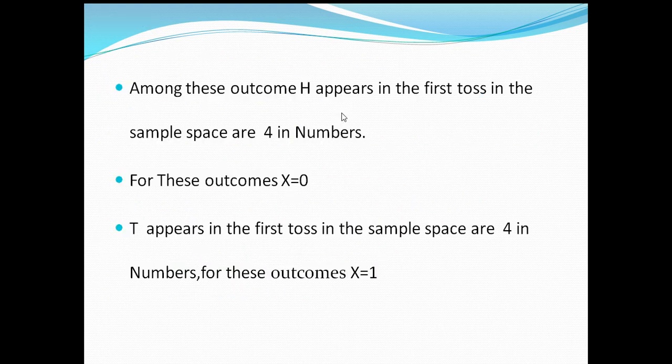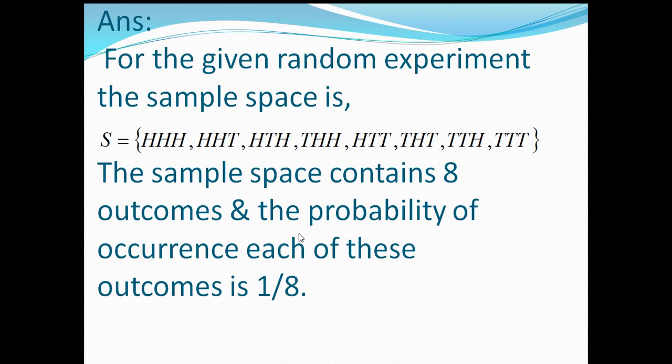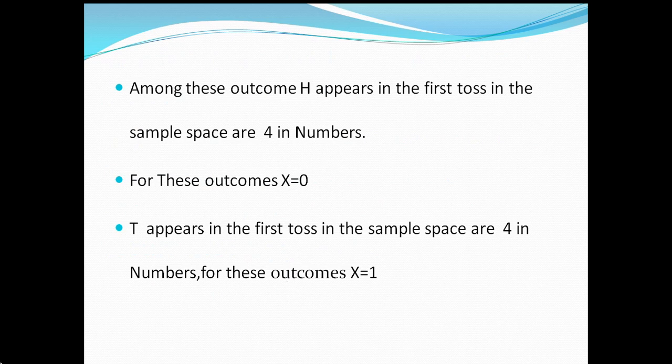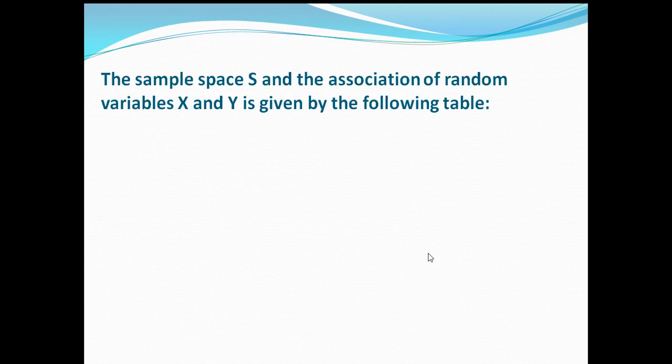Among these outcomes, H appears in the first toss in 4 of them. So you can see here H comes in the first toss: this is the first toss, here first toss, this is first toss, and this is first, 4 in number. Similarly, T occurs in the first toss in 4 outcomes. For the outcomes with H first, x is equal to 0 and for the outcomes with T first, x is equal to 1. So let us put this in a table together.